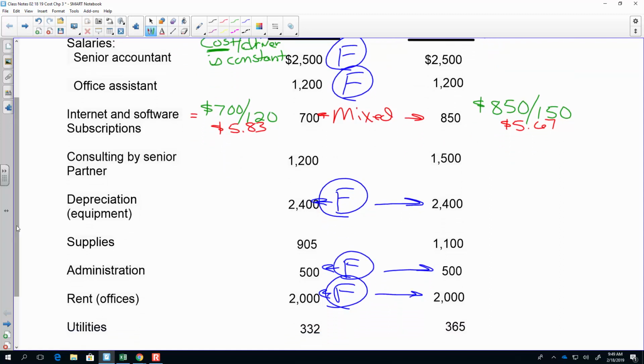Going to the next cost item, consulting, 1,200 divided by 120, 1,500 divided by 150. And you have to use a calculator, right? It's what?